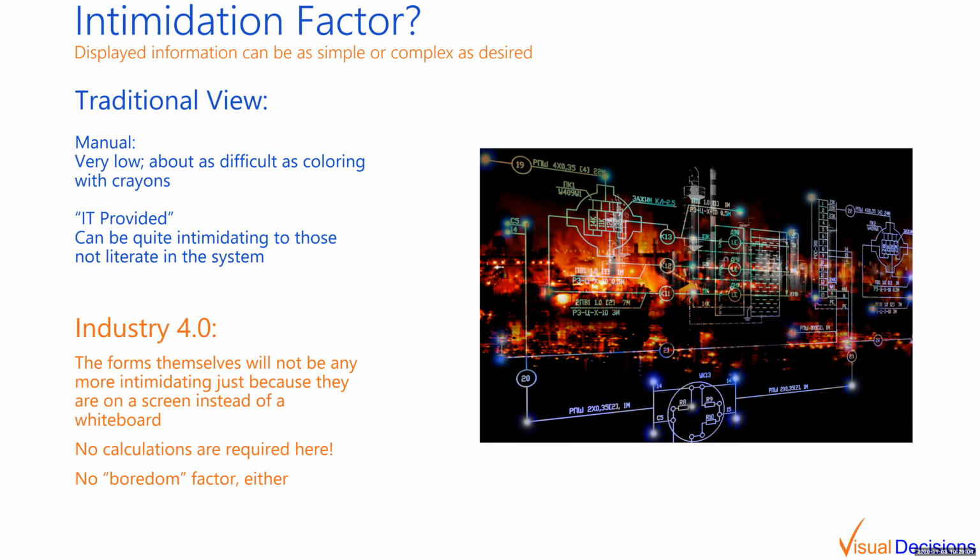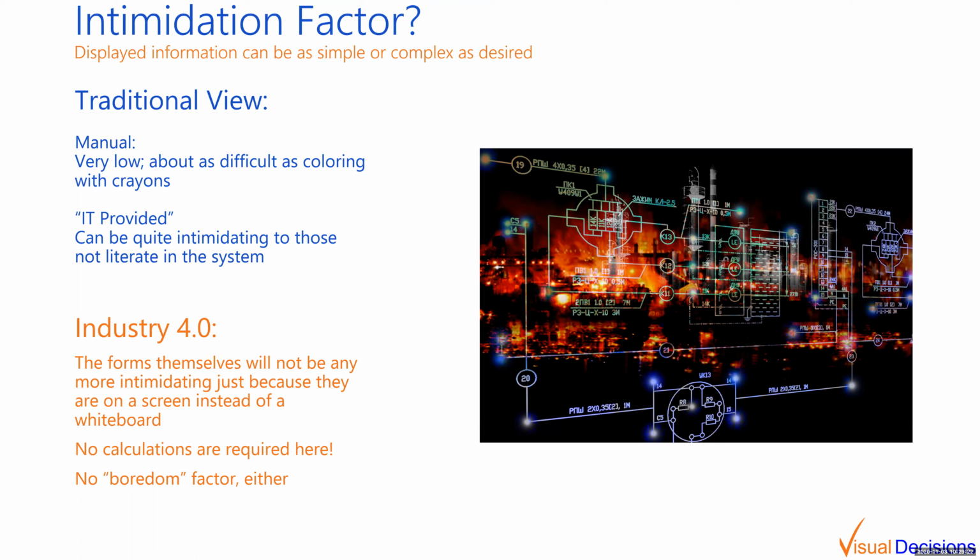And how the information gets displayed can be as simple or as complex as you want it to be. Depending on where you're showing that information and who you're showing it to, that can all be tailored to the needs of your workforce.